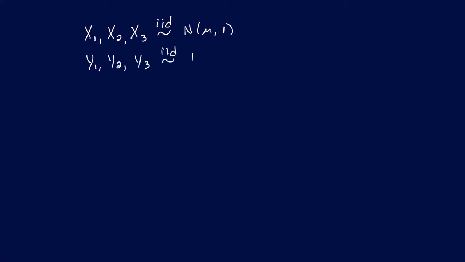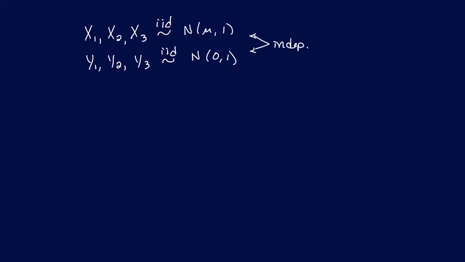In this problem, we have x1, x2, and x3 IID, or a random sample, from the normal distribution with mean mu and variance 1. And then we have y1, y2, y3 IID from the normal 0, 1 distribution. And we are given that these two random samples are independent.